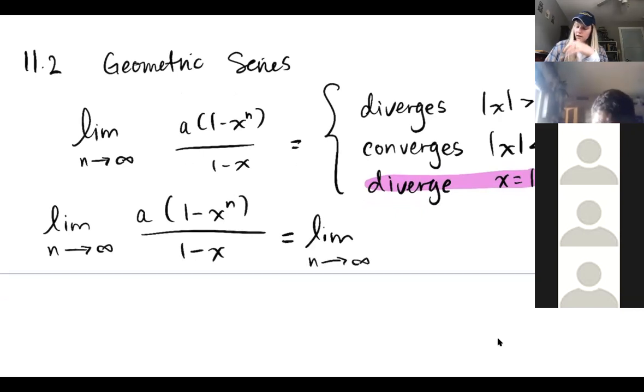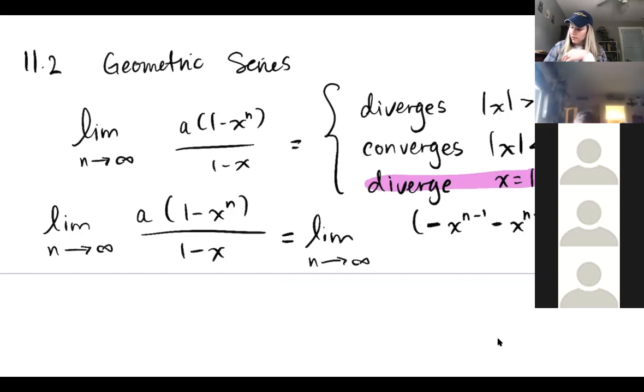I'm pretty sure that 1 minus x to the n factors as 1 minus x times the quantity 1 plus x plus x squared, and so on, up to x to the n minus 1, and it cancels with the 1 minus x in the denominator.